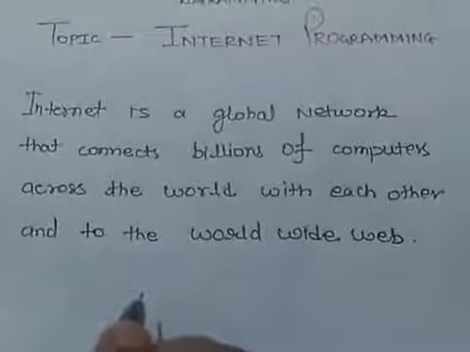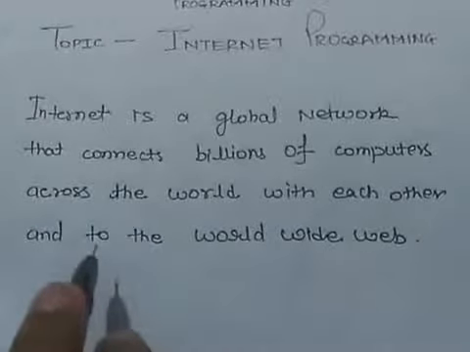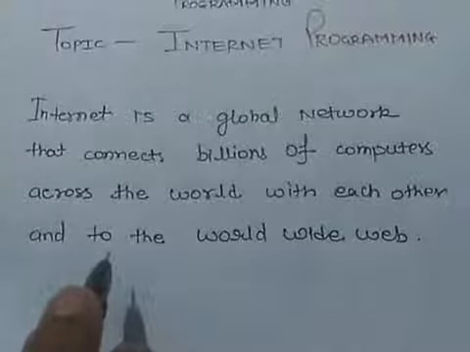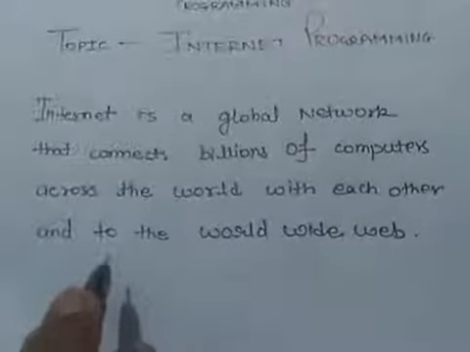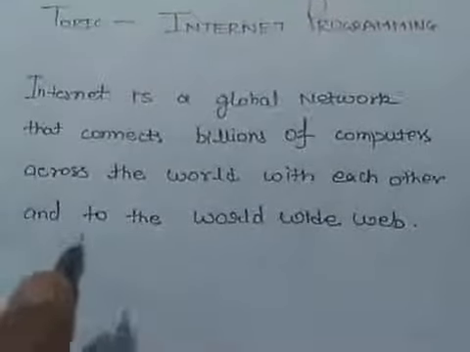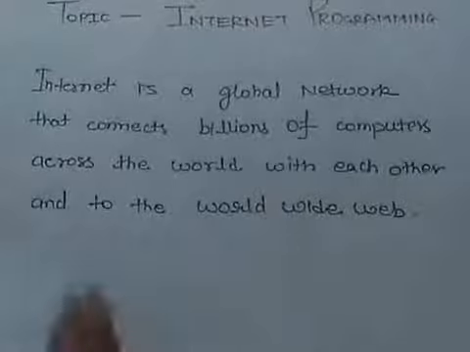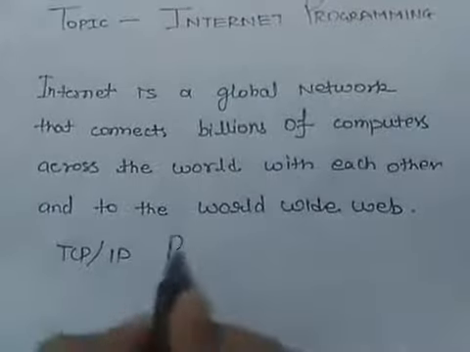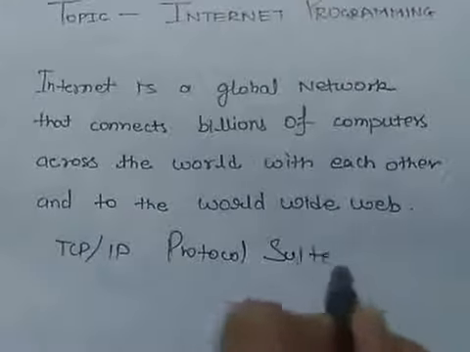Students, we can say that internet is a way by which various computers are connected with the help of various network standards. For example, in this we will use the TCP/IP protocol suite.